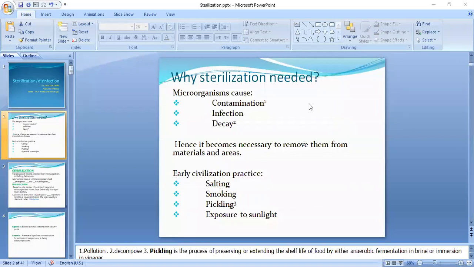So our focus is to describe sterilization. Why sterilization is needed is because of three reasons.